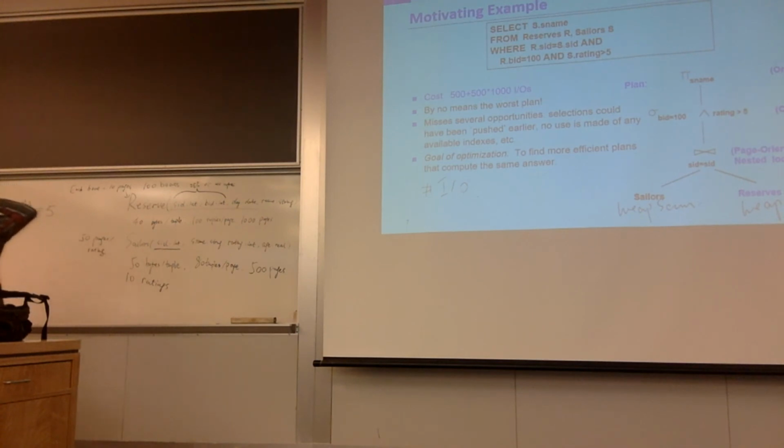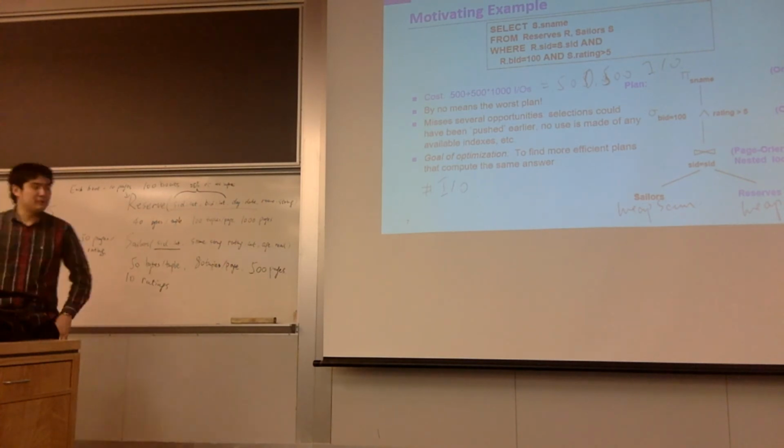Then for this simplest plan, the IO cost would be 500 plus 500 times 1,000. That amounts to 500,500 IOs.